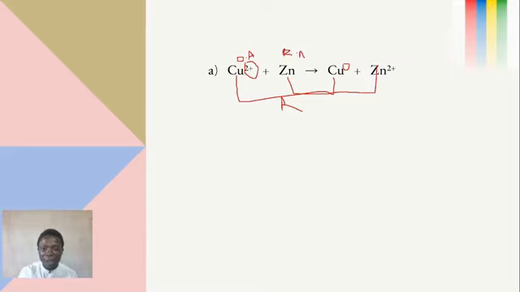The oxidation number of zinc here is 0, and here it is plus 2. So there's an increment in oxidation number, which means oxidation. Zinc is being oxidized, and the one being oxidized becomes the reducing agent.